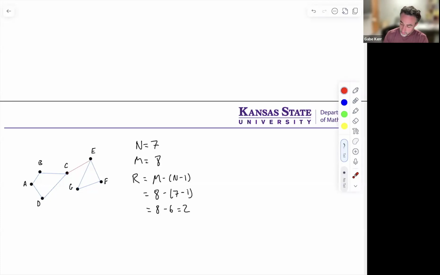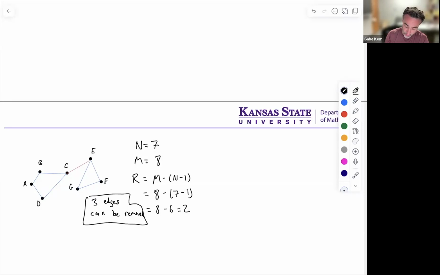So, how do we count how many ways we can do that? Well, the point is you have three edges here that can be removed. In other words, you can remove any one of three edges.